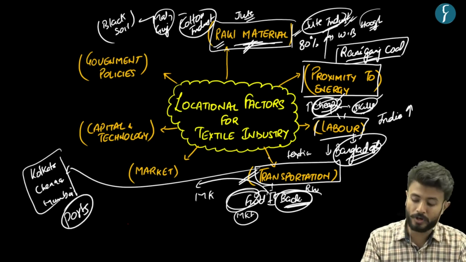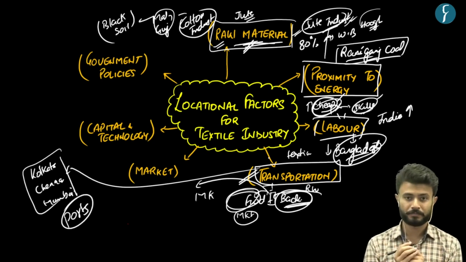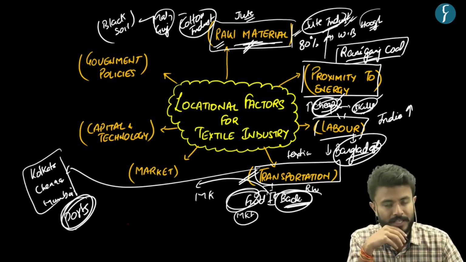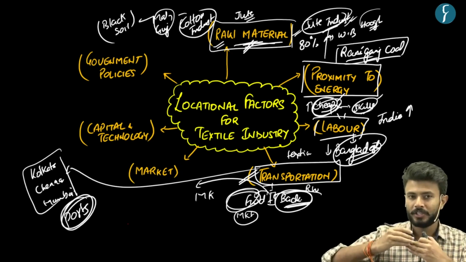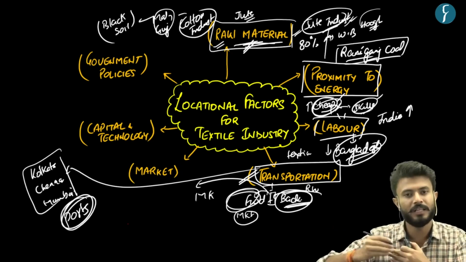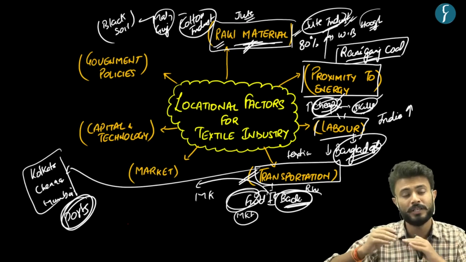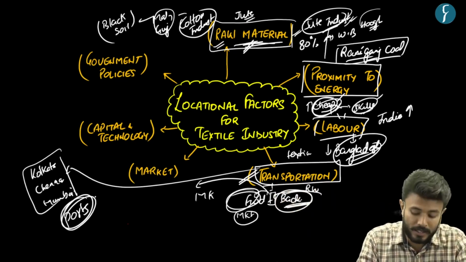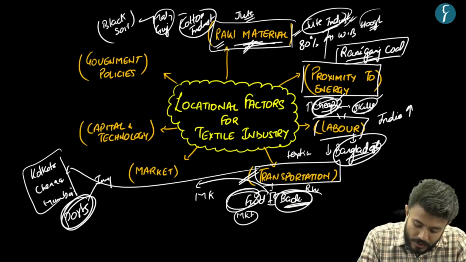Again, an important means of transportation. Why? Because ports have their unique advantage, right? Roads have the last mile connectivity, so they will distribute to the far-flung areas, to the hinterlands. But the ports have the unique advantage of import as well as export.